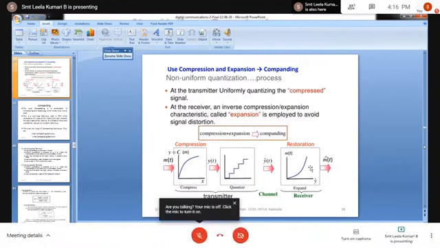Here a particular form of compression law is used to get linear compressor characteristics for small amplitudes of the input signal and logarithmic characteristics for large signals.